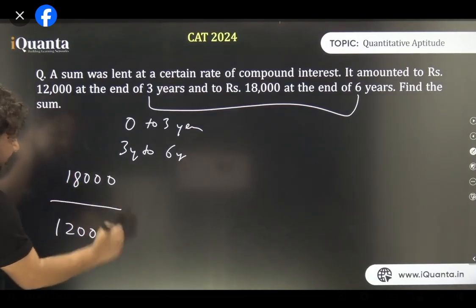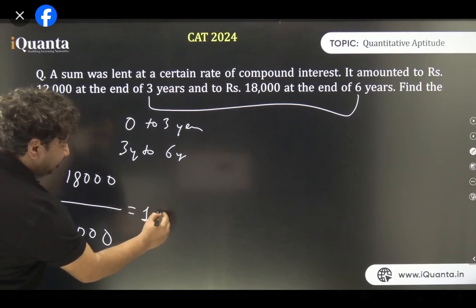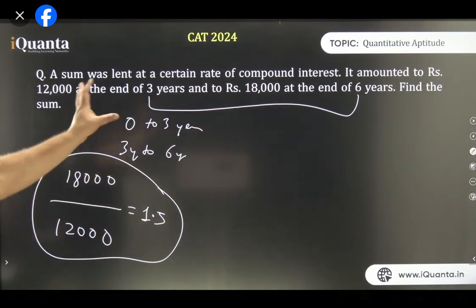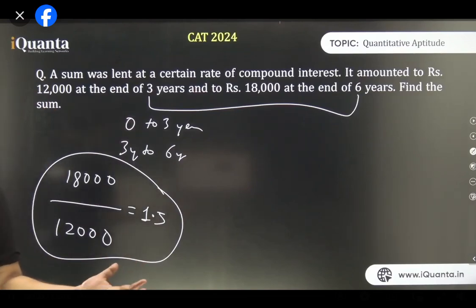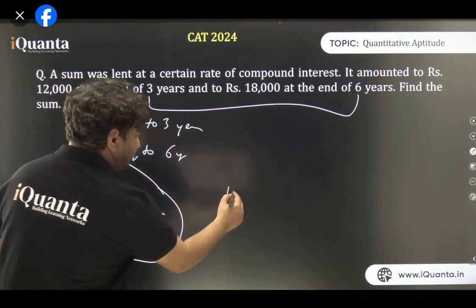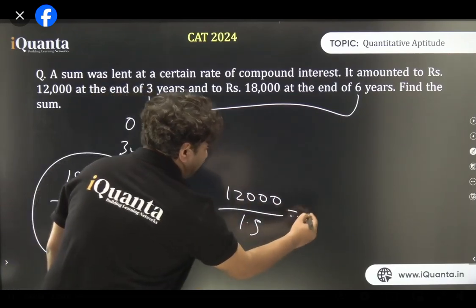As you can see what exactly happened: 12,000 became 18,000, which means it became 1.5 times of itself in 3 years, from 3 to 6. So from 0 to 3 also things would have become 1.5 times. So initially it was 12,000 upon 1.5, that is 8,000.